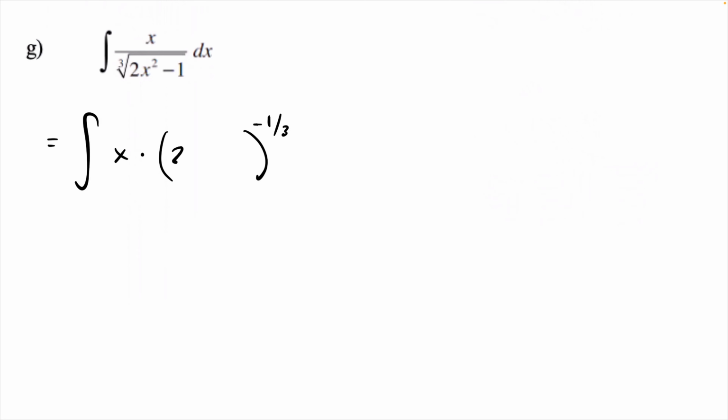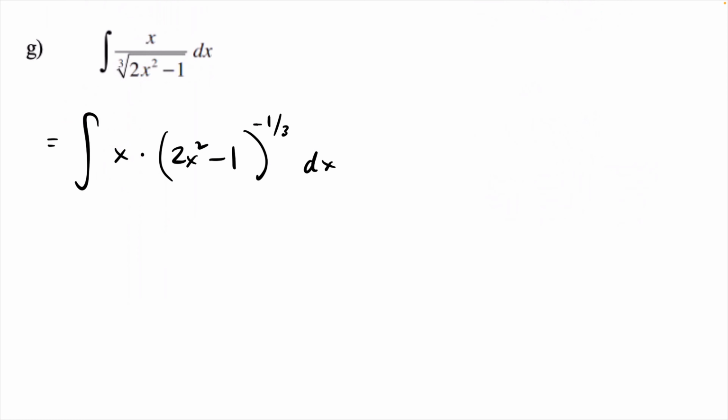And then on the inside, it's 2x squared minus 1 dx. Here's a question. Can I move this x to the front? No, because it's not a coefficient. It's a function. X is a function. It's a variable, right? So yeah, I got to leave it like that.